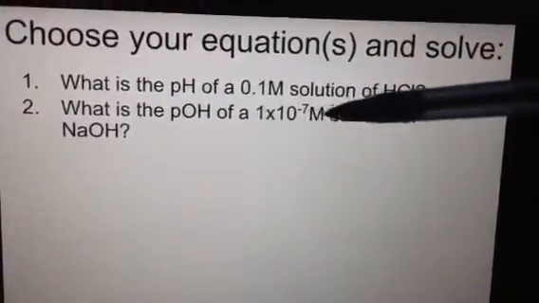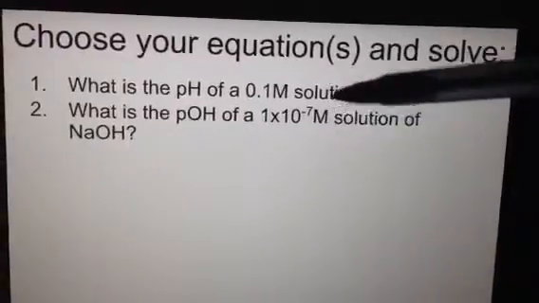NaOH, the concentration of that, by the way, is, because it says right there, a 1 molar solution, if you see molar, that means it's a concentration. Right now, that's 1 times 10 to the negative 7th. You don't need to write that.